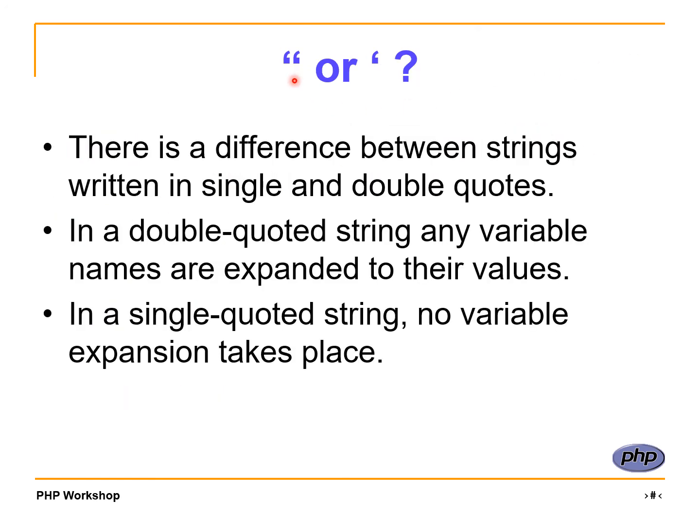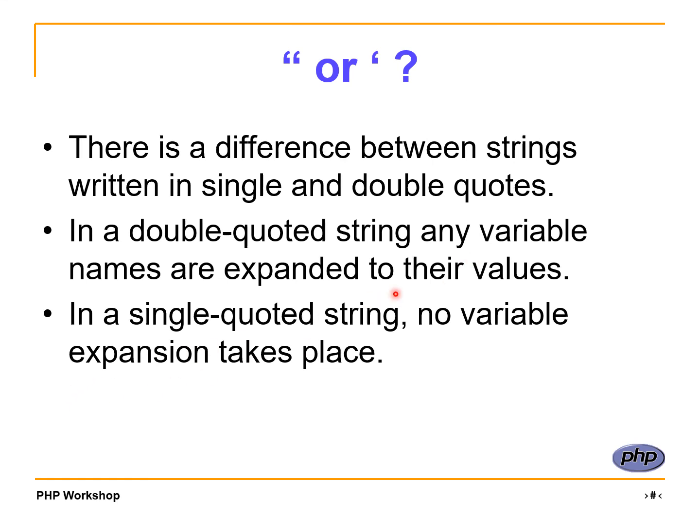Now let us look at the difference between double quotes and single quotes, and which one to apply in the case of strings. In a double-quoted string, any variable names are expanded to their values. So if you use double quotes in an echo statement, the value stored in that variable will be displayed.